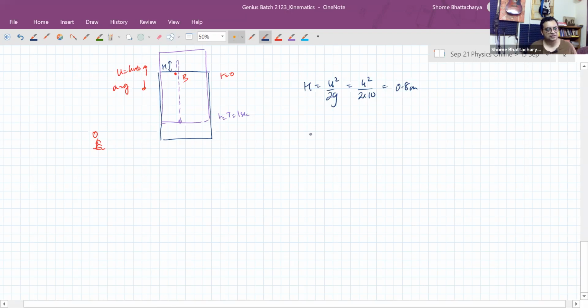So the total distance traveled will be equal to H plus H plus this. This had come out to be how much in the last part we had seen? It came out to be 1 meter, right? It's traveling 2.6 meters.